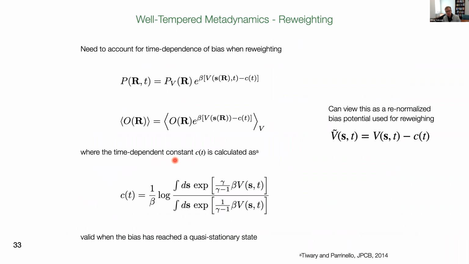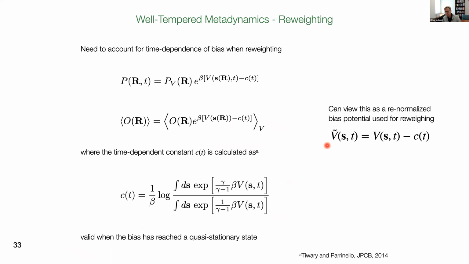The C of T factor is calculated as shown here, and this is a time-dependent constant that grows during the simulation. So you can easily reweight metadynamics simulations using this time-dependent constant if you calculate it. And there will be an example in the tutorial where we'll do this.